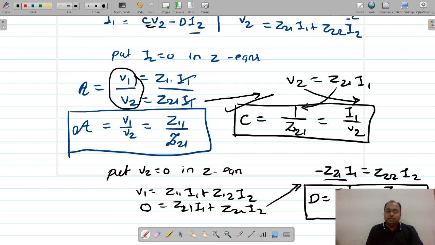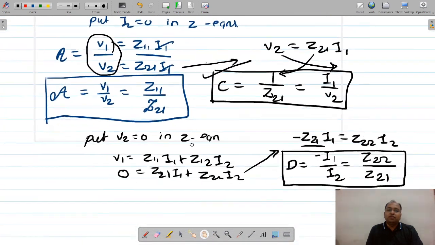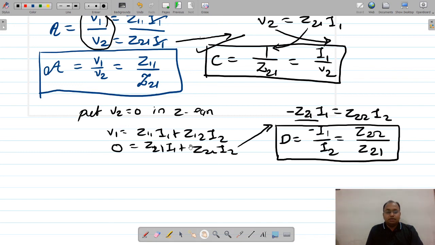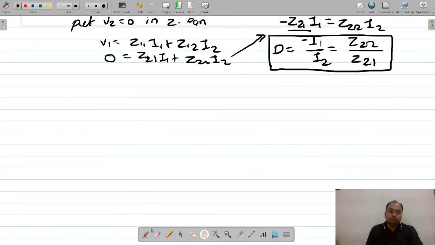And the last one is B, which is nothing but the ratio of V1 to I2, isn't it? So minus V1 to I2. We need to convert this into matrix form and then find out I2. First convert it into matrix form and then go for Cramer's rule.